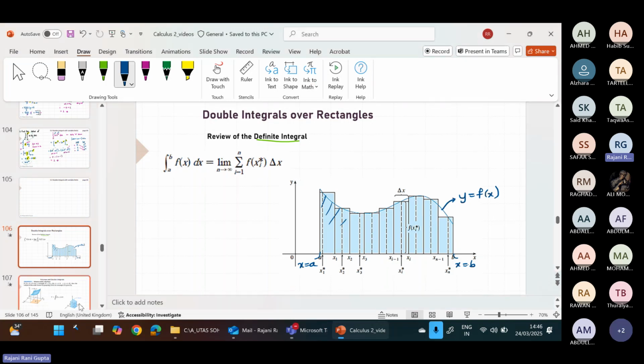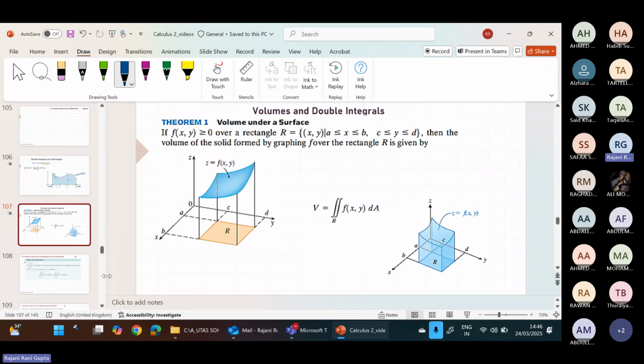Now, when we talk about the double integral, we are dealing with a function of two variables. This function should be positive. It is defined over the rectangle where x varies from a to b and y varies from c to d. You can see the limits: x equals a, x equals b, y equals c, y equals d.